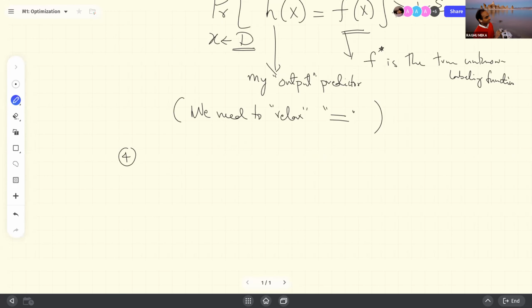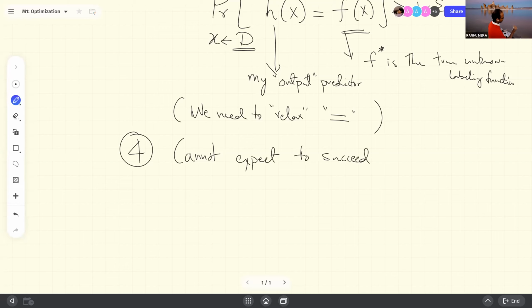But so far, nothing in our model accounts for that, right? Because we say there's an underlying distribution that can happen and so forth. So this is quantified in a very easy way by saying we cannot expect to succeed always. By succeed, I mean getting within 90% of the true function.